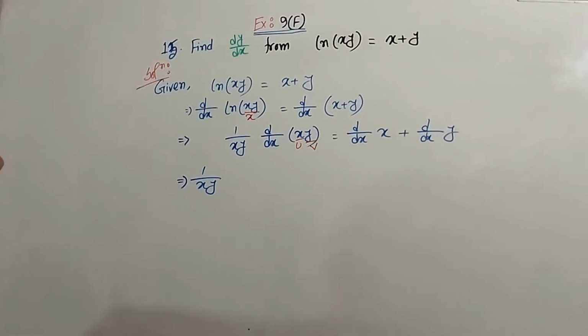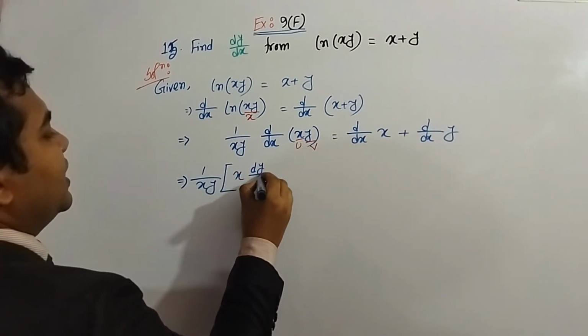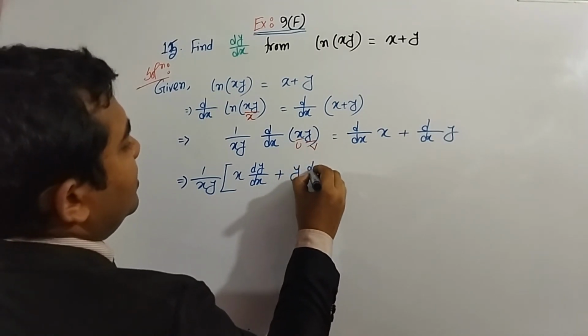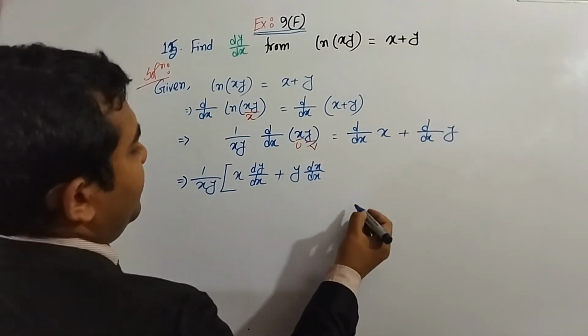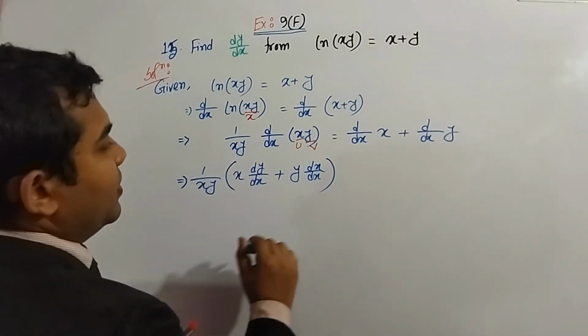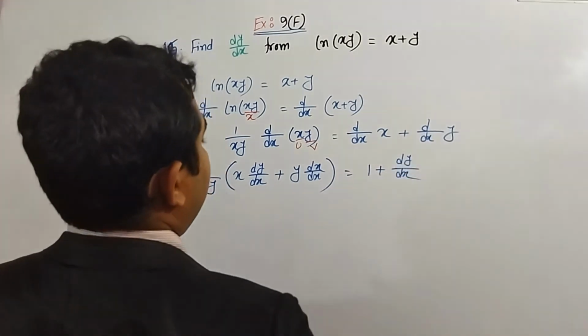So what will be the formula? It should be u d/dx of v plus v d/dx of u, equal to 1 plus dy by dx.